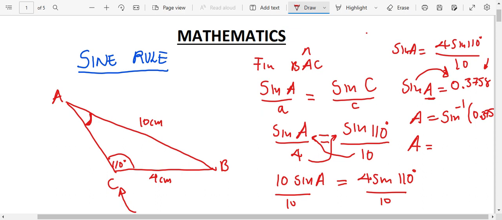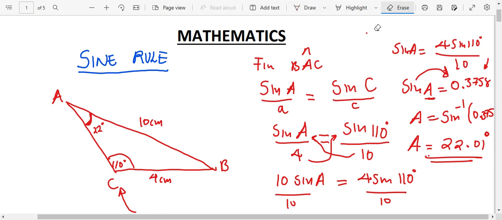The angle that you find is 22.01 degrees. This is the angle. That means that the angle A is 22 degrees. Is that okay? Yes, it's okay.